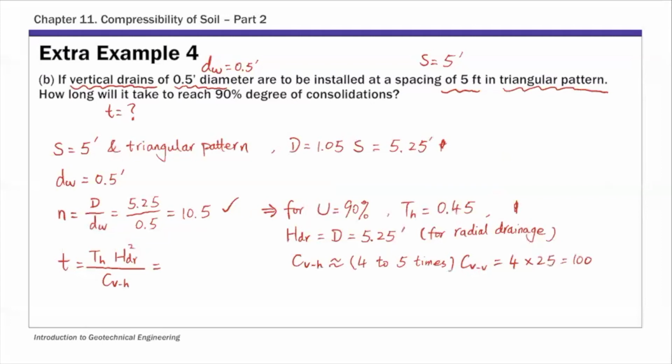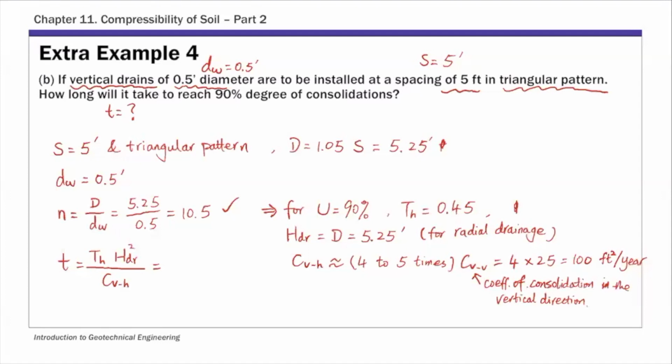And that's 100 feet squared per year. So this is coefficient of consolidation in the horizontal direction. The vertical one is basically our typical C sub V, that's 25 feet squared per year.